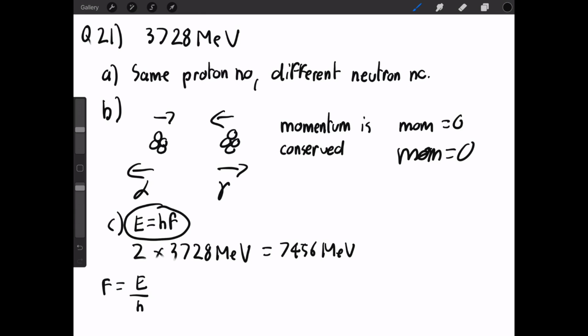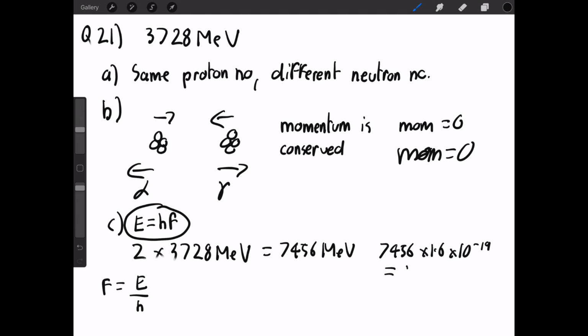E in standard units. So to convert between mega electron volts and joules, you need to multiply by 1.6 times 10 to the minus 19. That's pretty much the definition of an electron volt. So we're going to do that first. 7456 times 1.6 times 10 to the power minus 19.